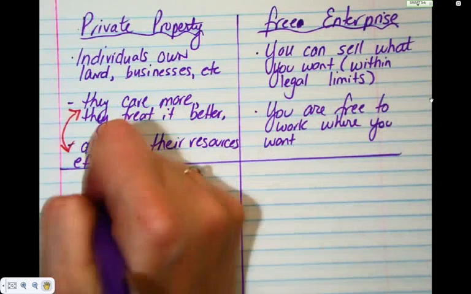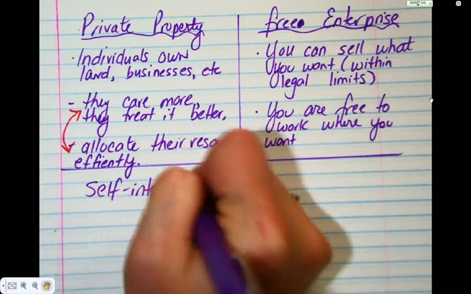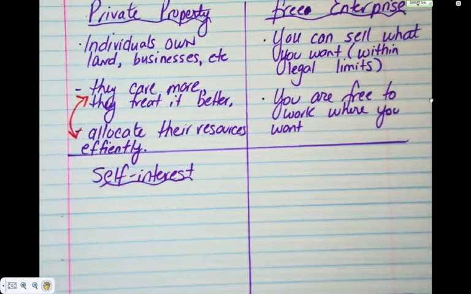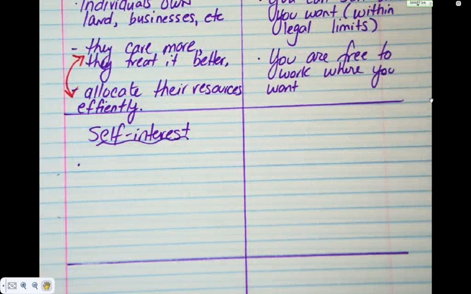Third is self-interest. The economic definition of self-interest is that self-interest drives people to do the best job that they can.